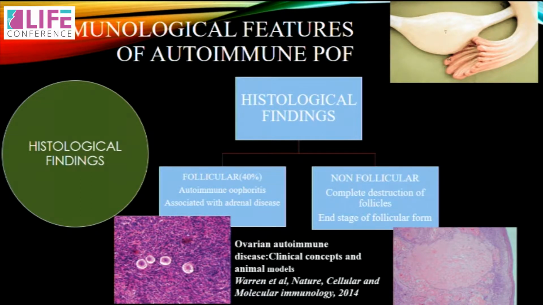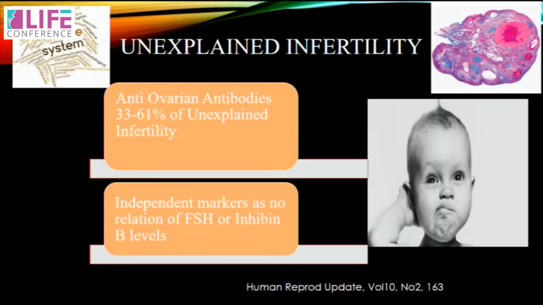So, ovarian autoimmune disease, the clinical concepts and animal models, was actually in Nature in 2014. What are we looking at? These anti-ovarian antibodies comprise almost 33 to as much as 61% of unexplained infertility.